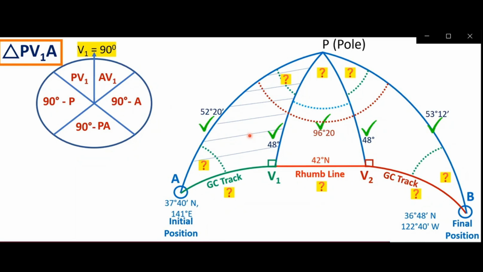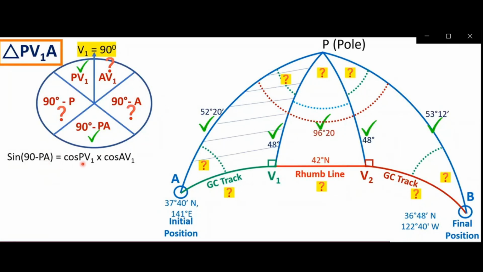Now in the cartwheel, we identify the parts that are known to us. What we know is PA and PV1, so they get identified in the cartwheel. Other three parts we can calculate using Napier's rule, so they come up with question marks. Now we can apply the Napier's rule. We can first apply for AV1.